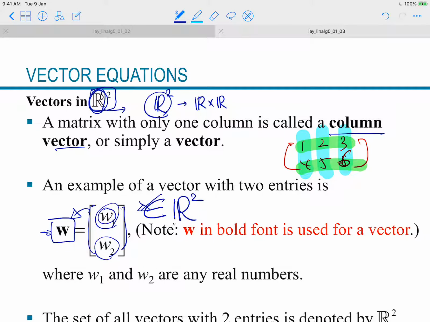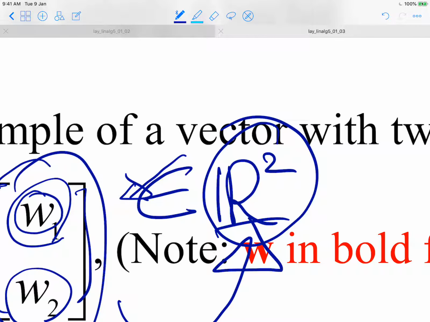This is the set of all the possible real-valued two-dimensional vectors. Any vector in the two-dimensional case will belong to this R2, and so we use this notation, right?